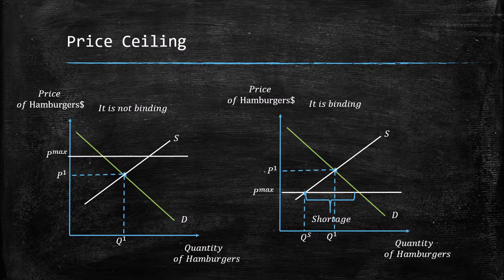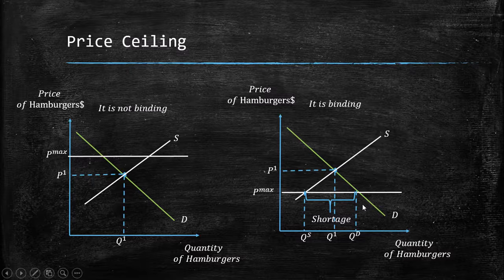Why? Because this QS is the quantity that the suppliers can supply. But on the other side, because this price is lower than the equilibrium, the quantity demanded is higher. So there are a lot of people who want to buy, but there is just this quantity available, so these people cannot have this good.